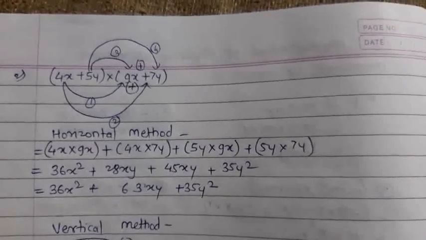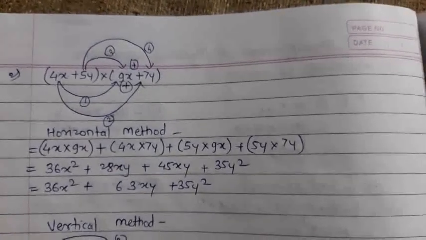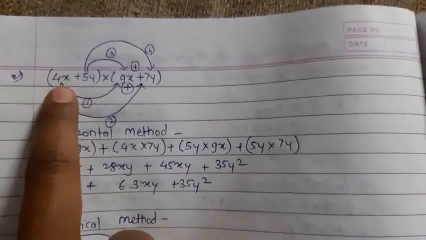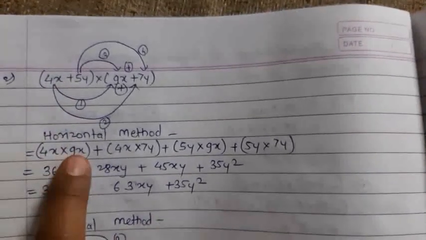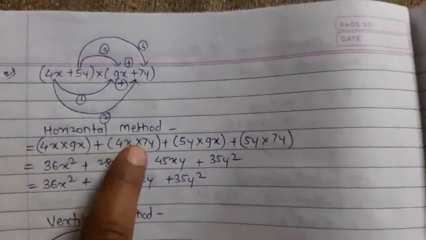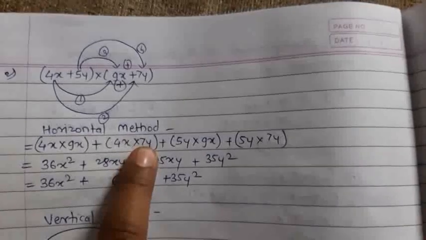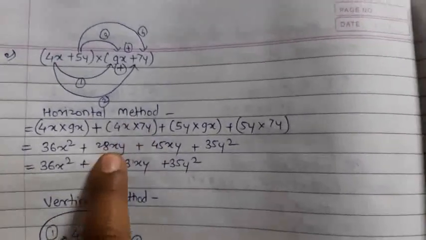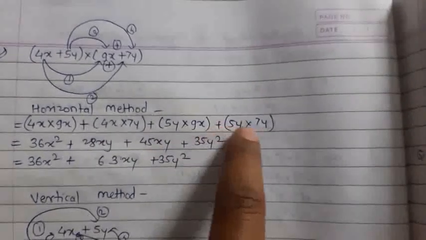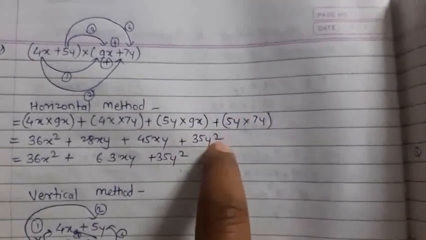Now 4x into 9x is 36x square. Then 4x into 7y is 28xy. 5y into 9x is 45xy. And 5y into 7y is 35y square.